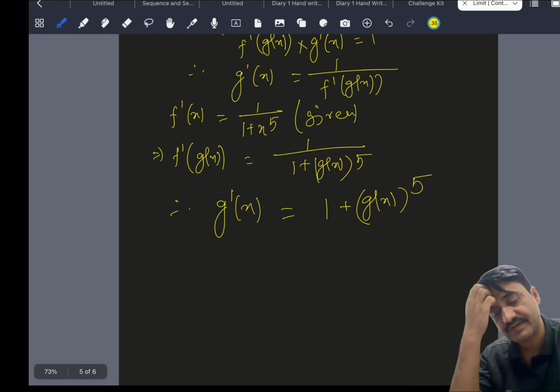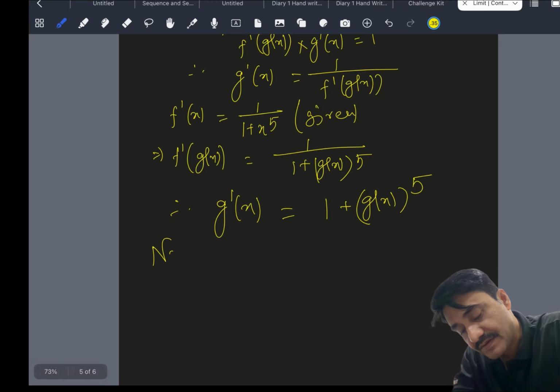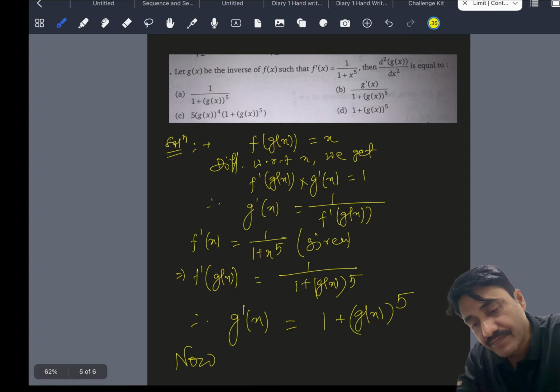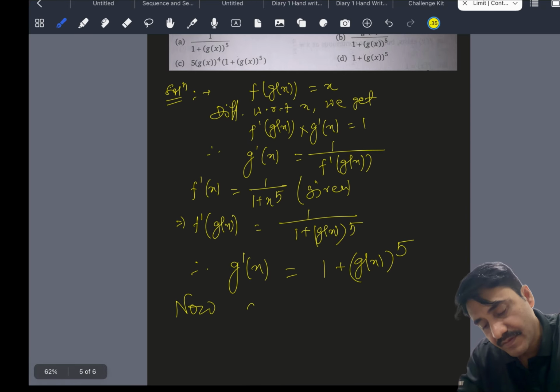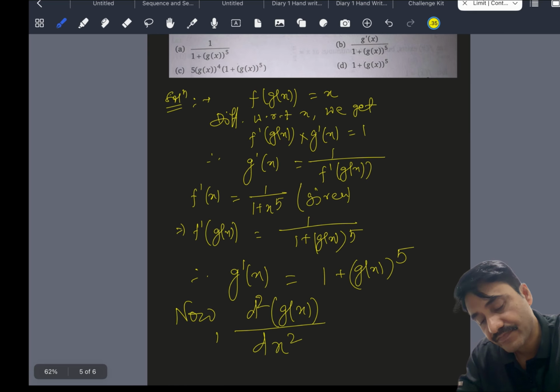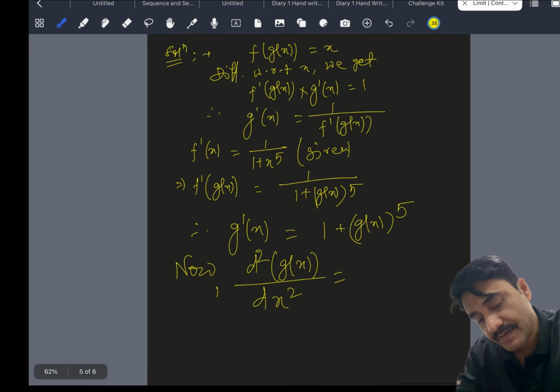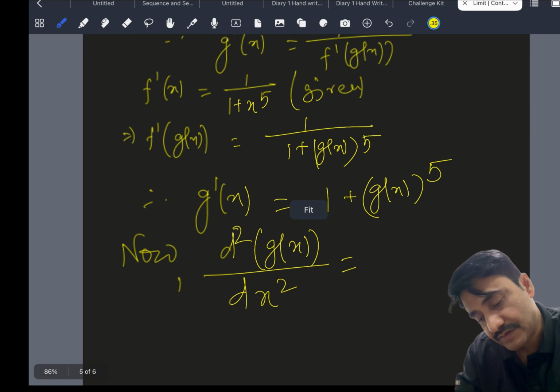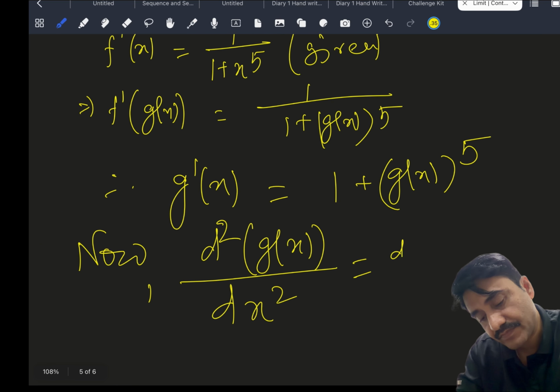Now we have to differentiate it again. Now d2 of g(x) divided by dx is equal to d by dx of this.